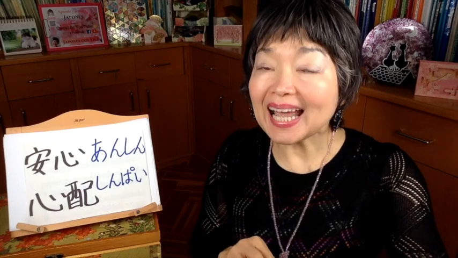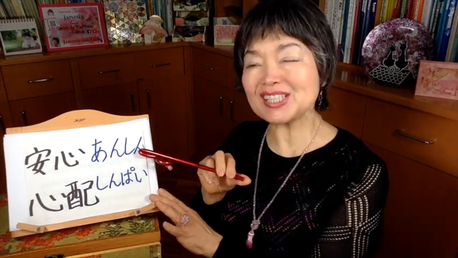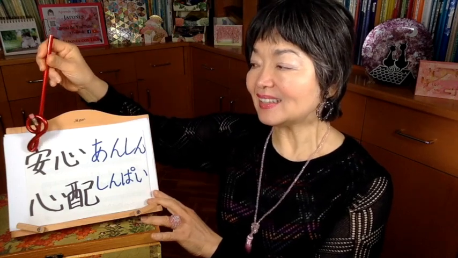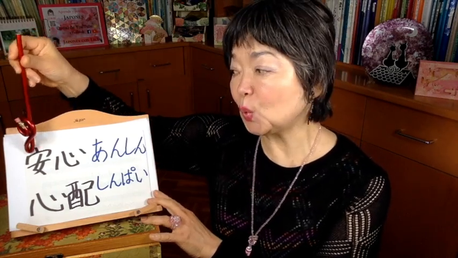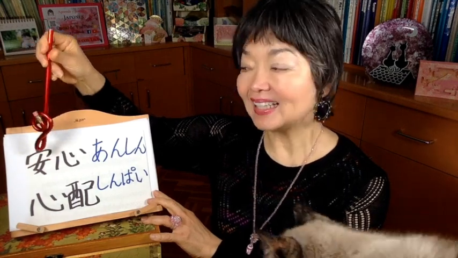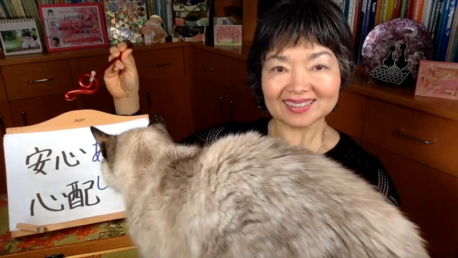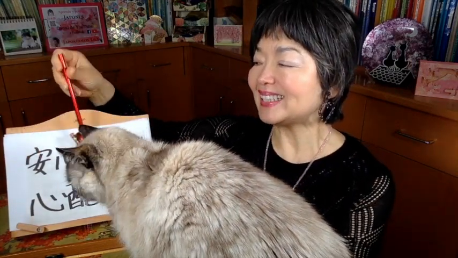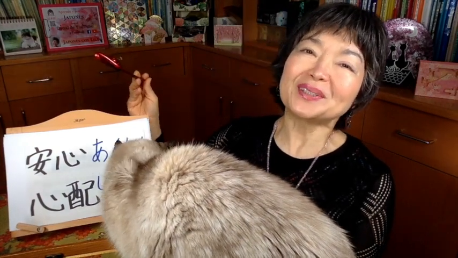Other two na adjectives that we use so often. This is 安心。安 this kanji is with うかんむり and woman. 心, this is heart, the mind. 安心。安心 is to feel relieved, or feel nice, feel good. 安心 feel so relieved.